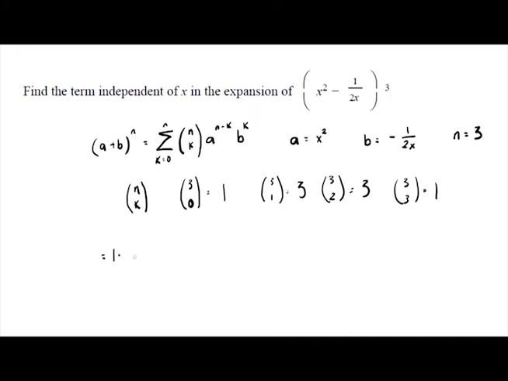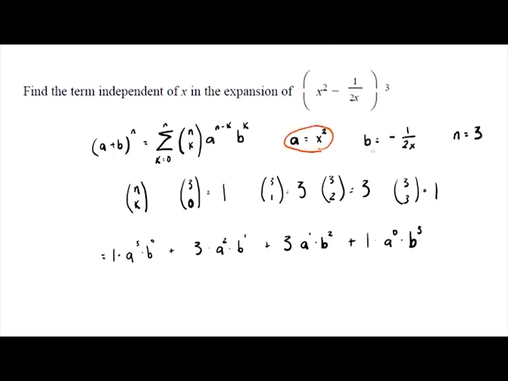We have 1 times a to the third power times b to the 0 power plus 3 times a squared times b to the first power plus 3 times a to the first power times b squared plus 1 times a to the 0 power times b cubed.